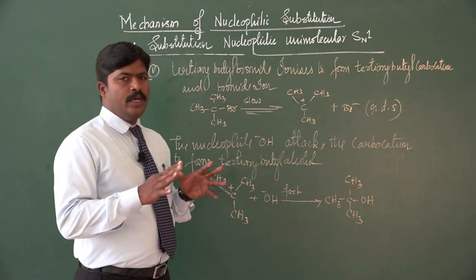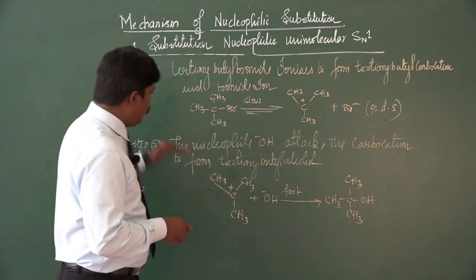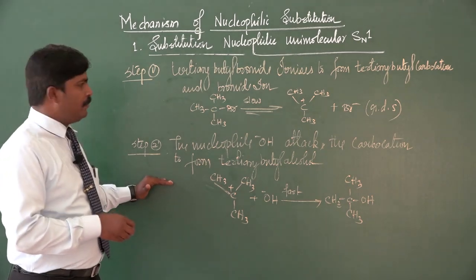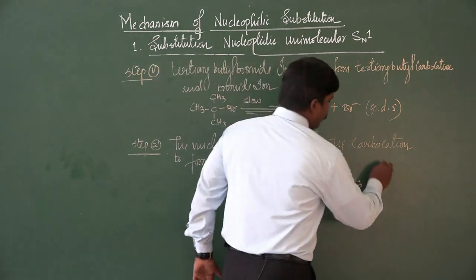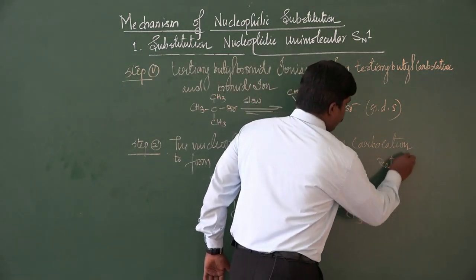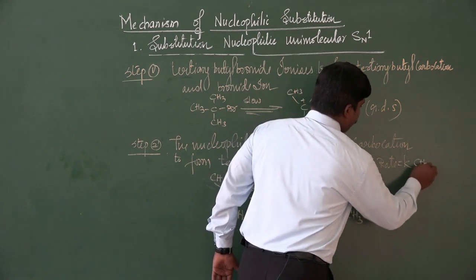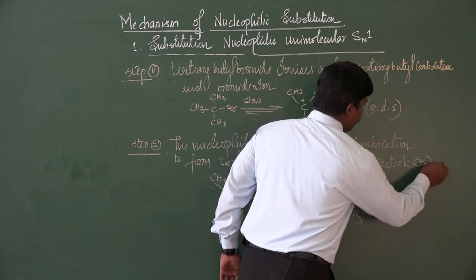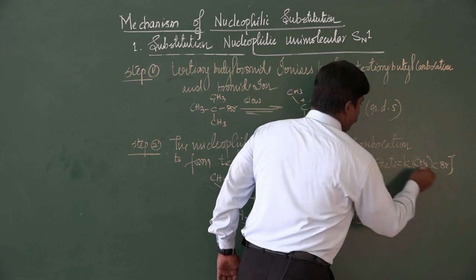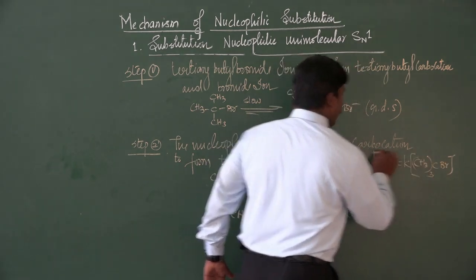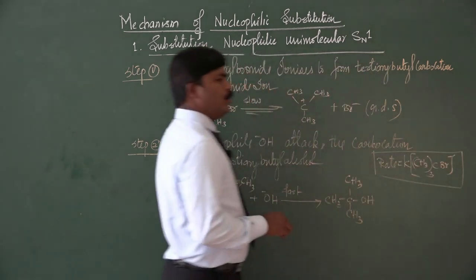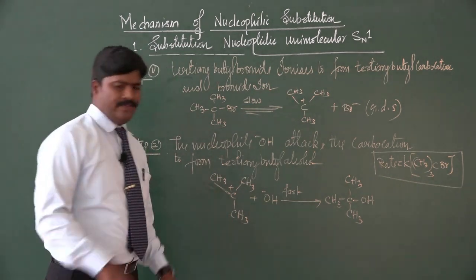That's why I told you about the rate of the reaction. If I want to write it for this example, the rate is equal to K into (CH3)3CBr. It depends only on the tertiary butyl bromide, not on the nucleophile. Why? Because the second step is a fast step.